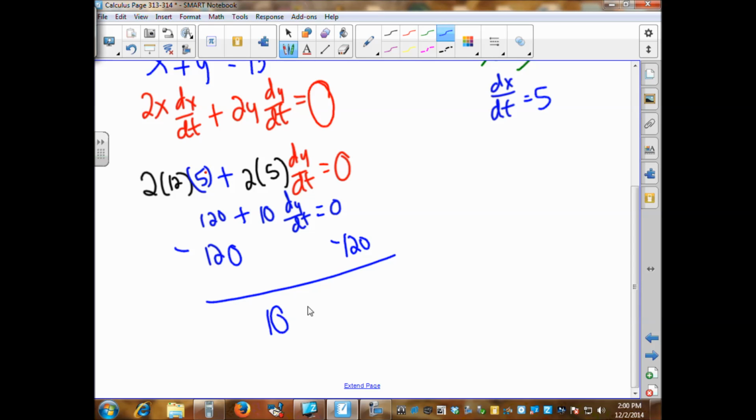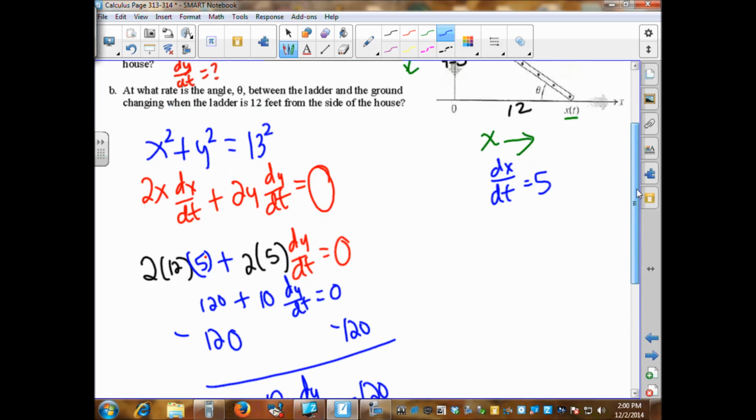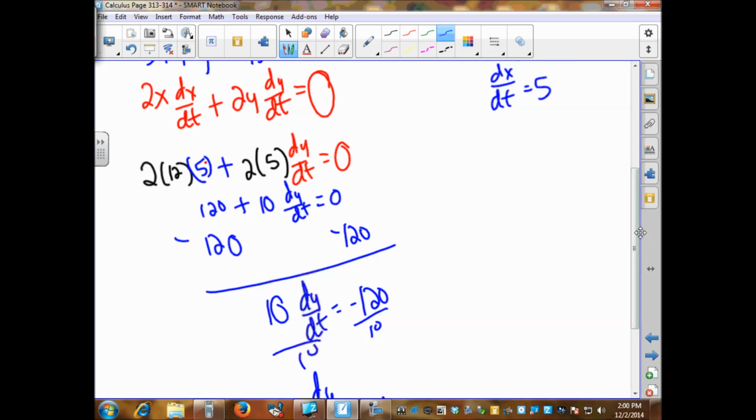That gives us 10 dy dt equal negative 120. Divide by 10. So dy dt is equal to negative 12. And if we look at our units, that was feet, and the time was seconds.